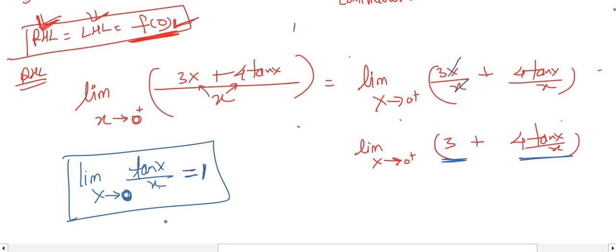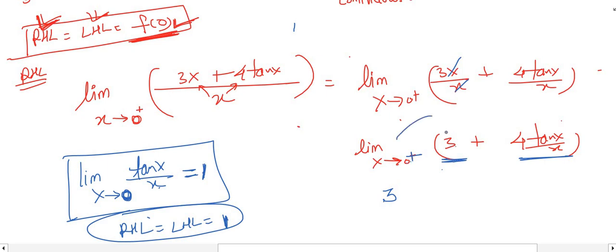Limit value is 1 means its RHL and its LHL, both will be 1. The 0 plus value and 0 minus value, both will be 1 only. So if I am finding the limit, the 3 stays 3. There is nothing to calculate here. This is 3 only. So I am writing 3.